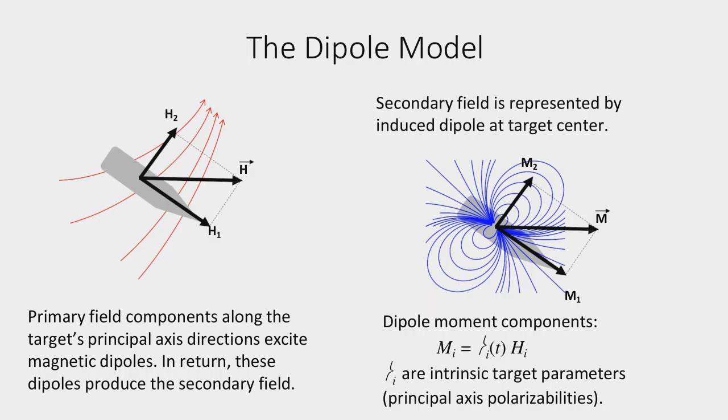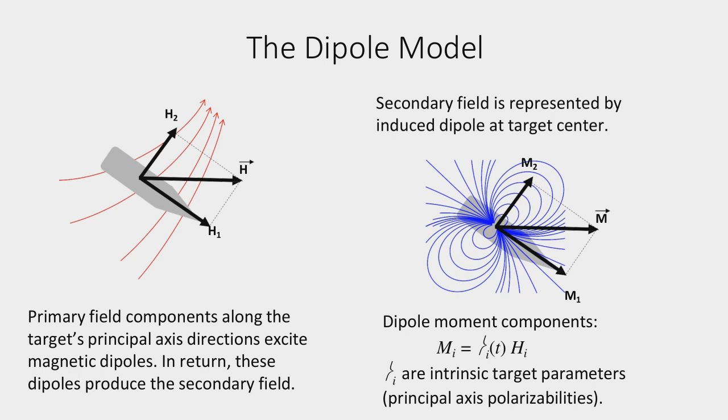And just for illustration, one of the simplest models that is widely used is the dipole model. The idea here is that we can take a target and replace it with a magnetic dipole, or a set of magnetic dipoles. Each magnetic dipole produces a secondary field, and the strength of this magnetic dipole is scaled with respect to the primary field.